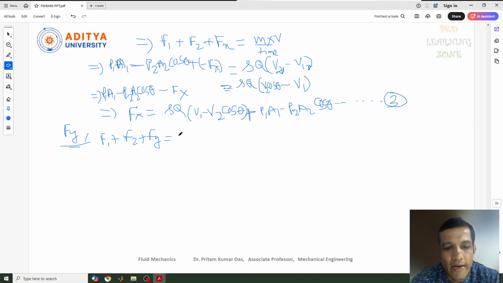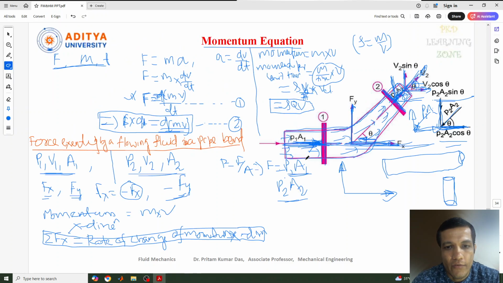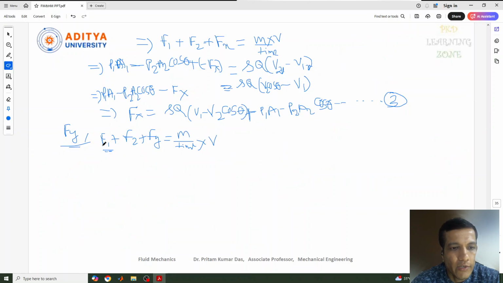Similarly, we write the same rate of change of momentum, that is mass per second into velocity. This is the pressure force acting at section 1, but we need to consider the y direction. There is no pressure force acting in the y direction at section 1, so this term will be 0.